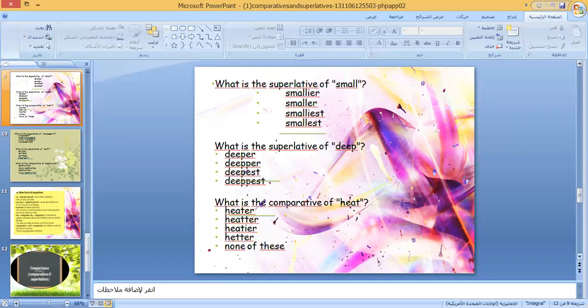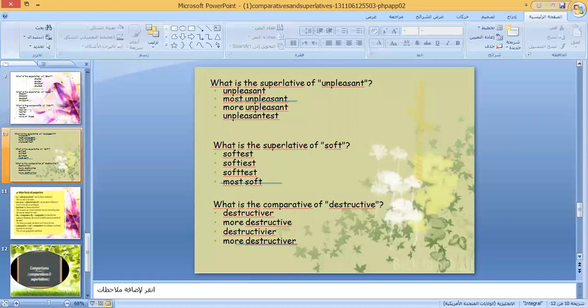Number three, what is the comparative of heat? Number four, what is the superlative of unpleasant? Number five, what is the superlative of soft? Number six, what is the comparative of destructive?